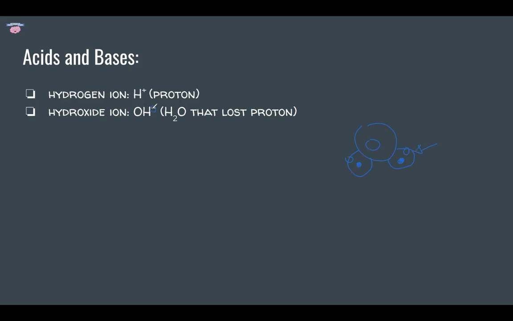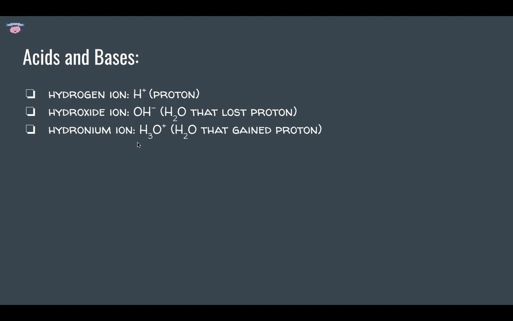There's an extra electron, so it's OH-. There's hydrogen and oxygen and an extra electron. So basically, water splits into a hydrogen ion and a hydroxide ion. You can also say it splits into a hydroxide ion and a hydronium ion, which is H3O+. It's an H2O that gained a proton.